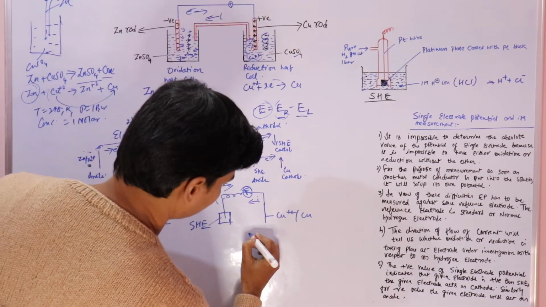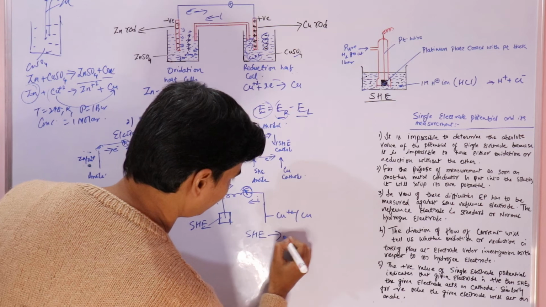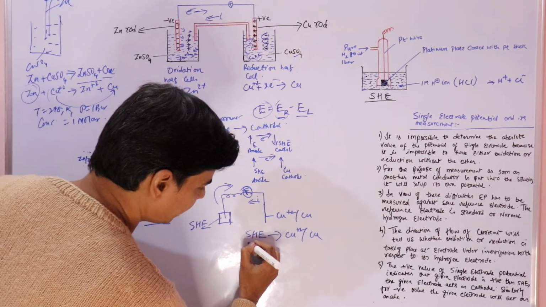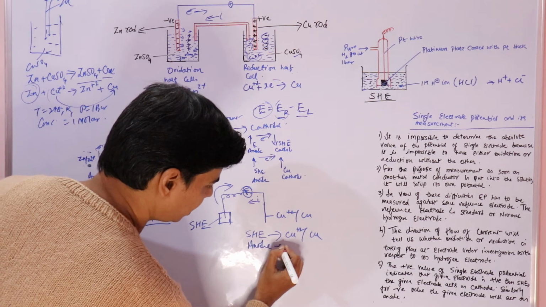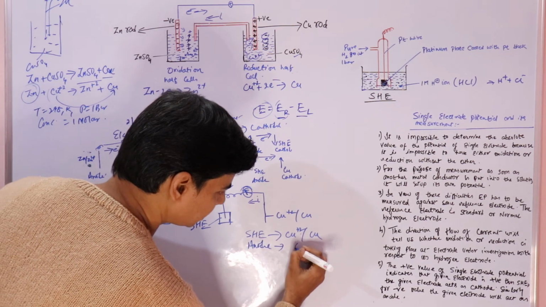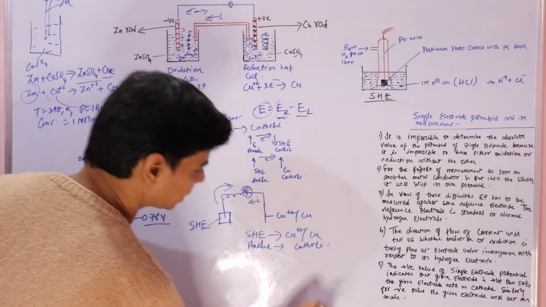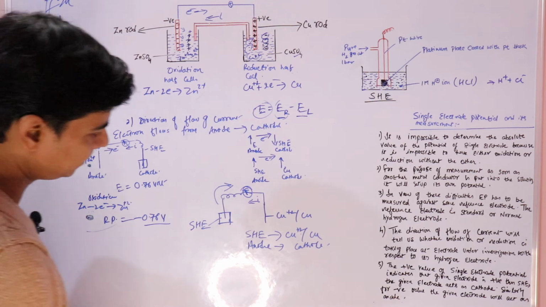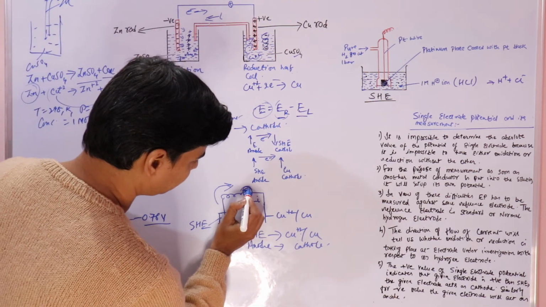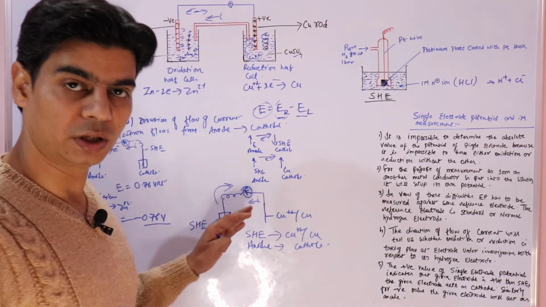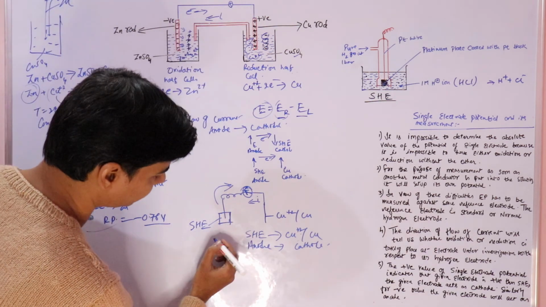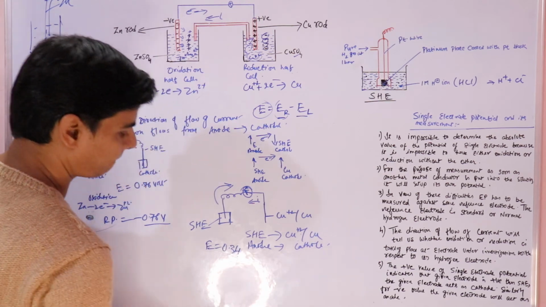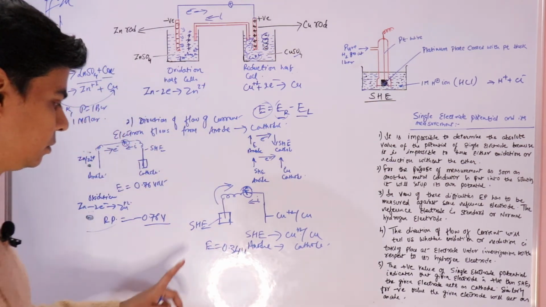That is, electrons are flowing from SHE to the copper electrode. So SHE would act as anode here and copper would act as cathode, right? And the reading of this voltmeter or galvanometer would be 0.34 volt, right?